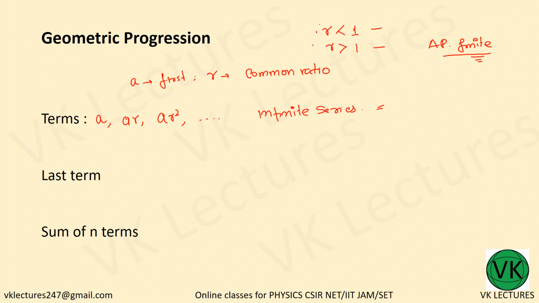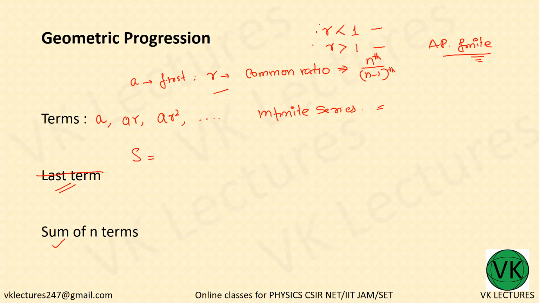Now what is this common ratio? Common ratio is nothing but the nth term divided by the (n minus 1)th term. This gives the common ratio. Now how will you write the sum? Here you don't need the last term, but for the sum of n terms we require it.